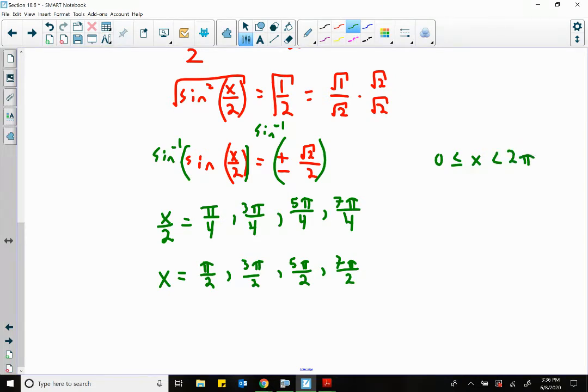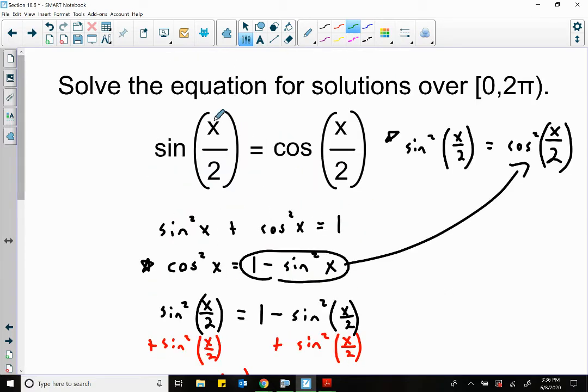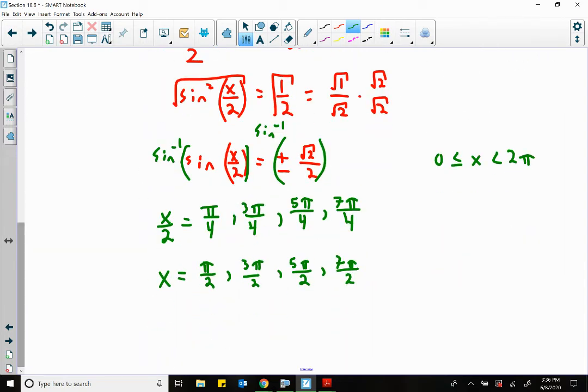However, our piece is working with x as a half angle. So, with that being known, the original interval is like this, but our x is all about a half angle from the very beginning.